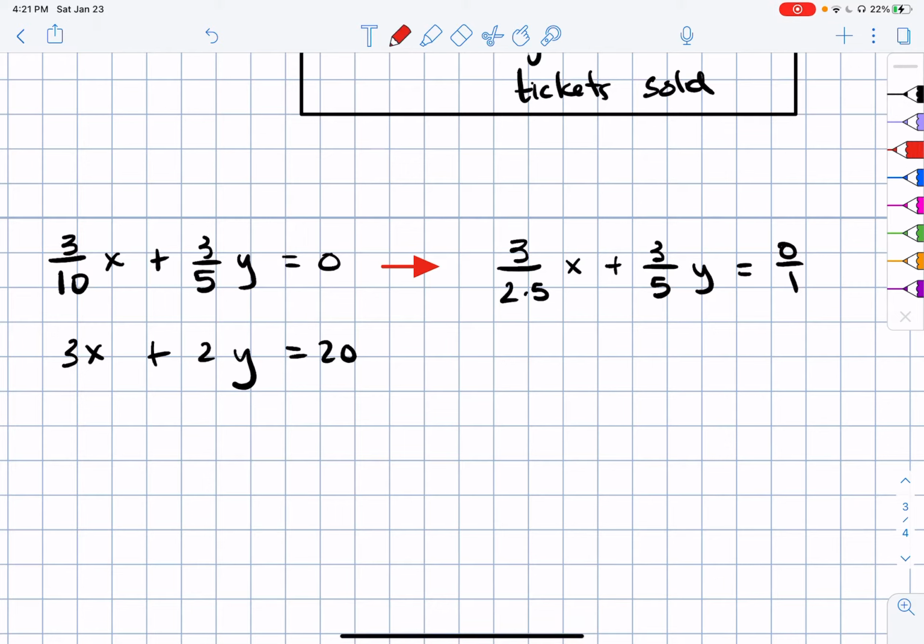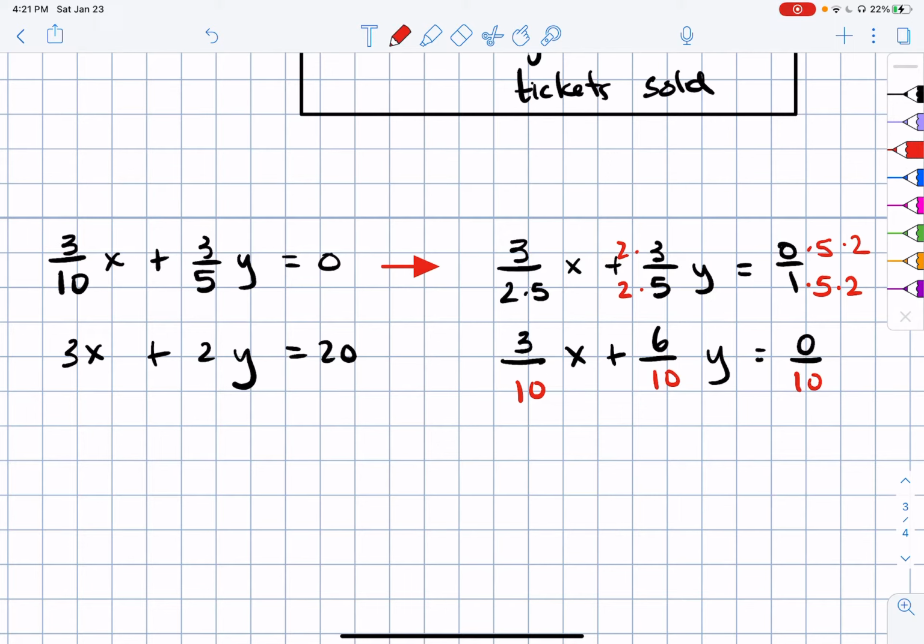So what do they have that I don't have? Well, this sister here doesn't have a 2, so I've got to do it to top and bottom. And this sister here doesn't have a 5, and a 2, which doesn't really matter because it's 0. So anyways, now I have 3 over 10x plus 6 over 10y, which is equal to 0 over 10.